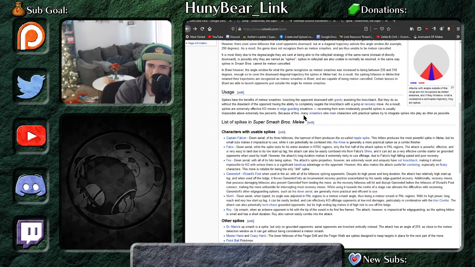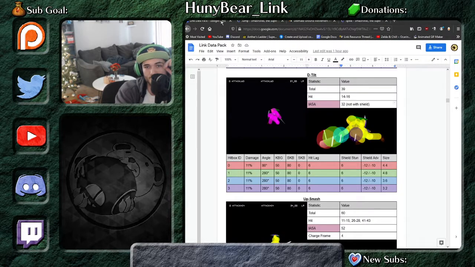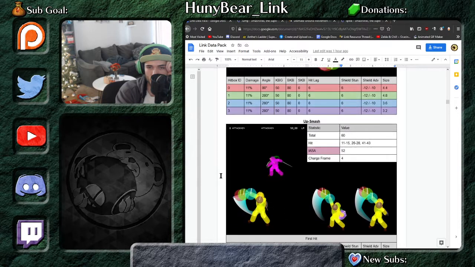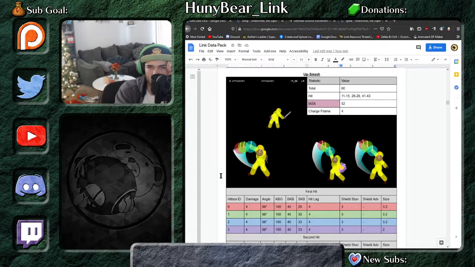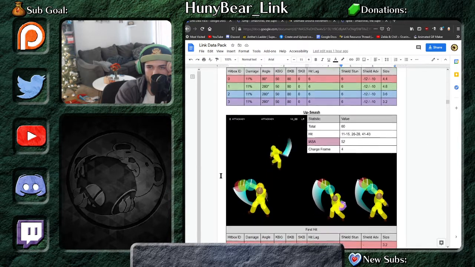Think of things like Fox's shine, Marth's down air, Falco's down air, for example. All those are spikes, and everything steeper than that is a meteor. So these are meteor hitboxes with an angle of 280. But if they were like 250, it wouldn't be. It'd be a spike, and that'd be amazing. Up smash here.